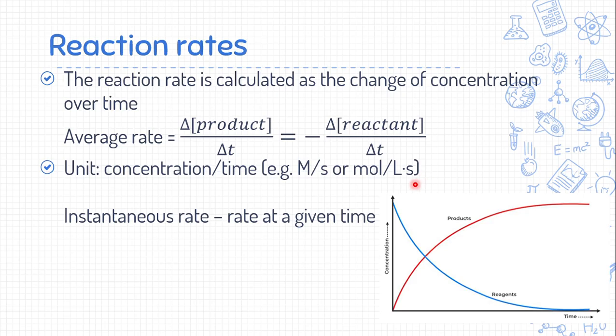And just like in your physics class, where you discussed instantaneous speed, the particular speed at that instant, we also have a term, instantaneous rate, in chemistry. The instantaneous rate is the rate of the reaction at that given time.